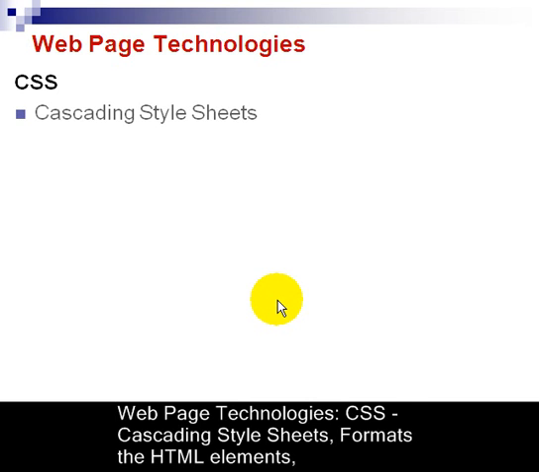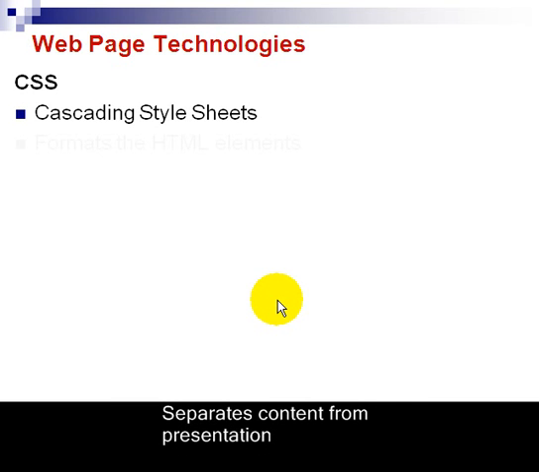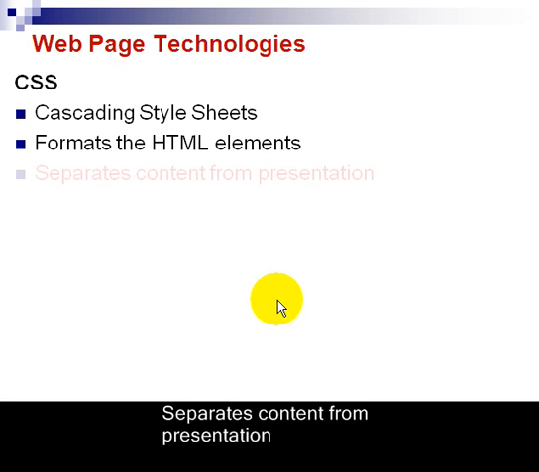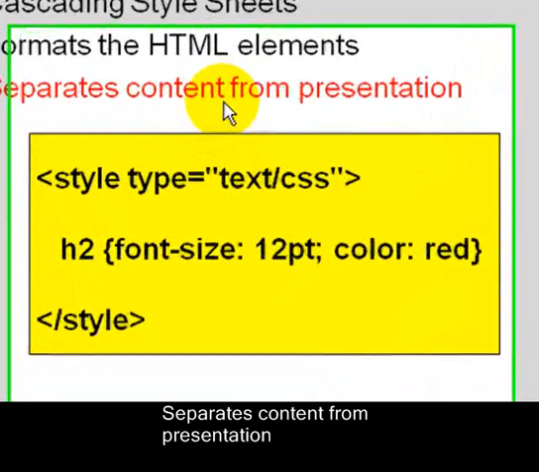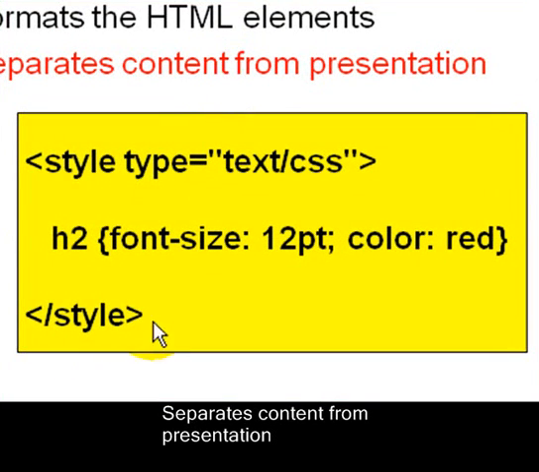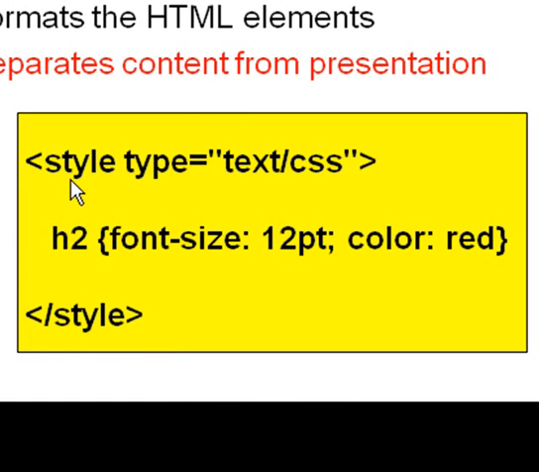CSS, Cascading Style Sheets, was later introduced to format the elements. And the important contribution was that it enables separation of the content from presentation. This is an example of some CSS code that would exist in the web page.